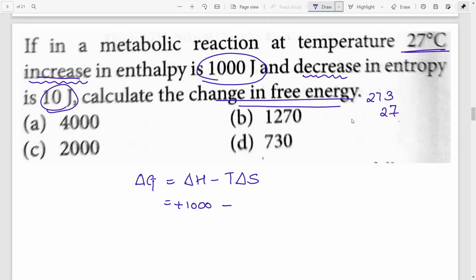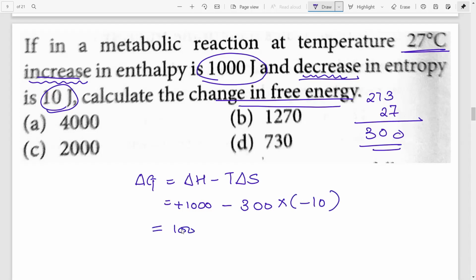So add 273, and this becomes 300 Kelvin. Substitute 300 into entropy. Now they are saying the entropy has decreased, decreased meaning negative sign, that is 10. So this comes out to be 3000 plus 1000, which is nothing but 4000 joules, which is option A.